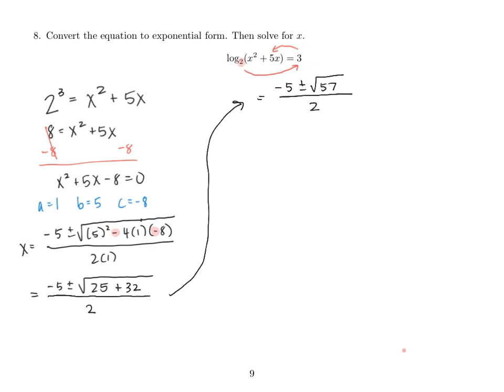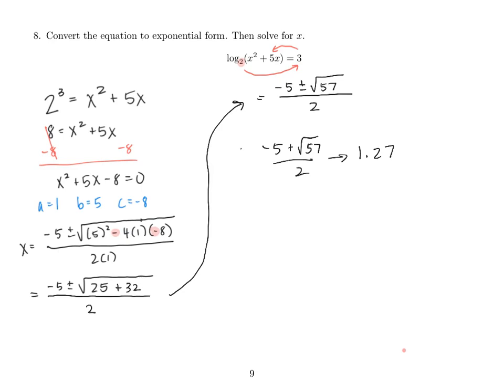So let's see, square root of 57. And a -5 divided by 2. Okay, so when we do -5 plus the square root of 57 over 2, we get 1.27. So that's positive, and when we plug it in, it'll be positive, but I'll show you that in a second.